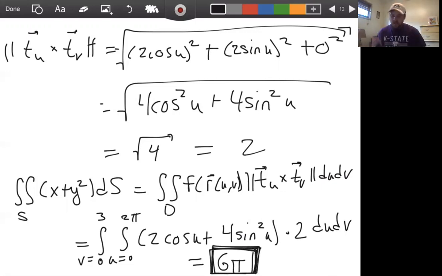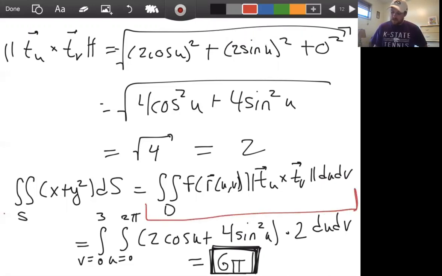So here's an example of calculating a scalar surface integral, and it boils down to knowing this formula, along with understanding how to parameterize a surface and how to calculate tangent vectors. Once you have all that in place, it's just plug and chug: you plug it in and then do the double integral.